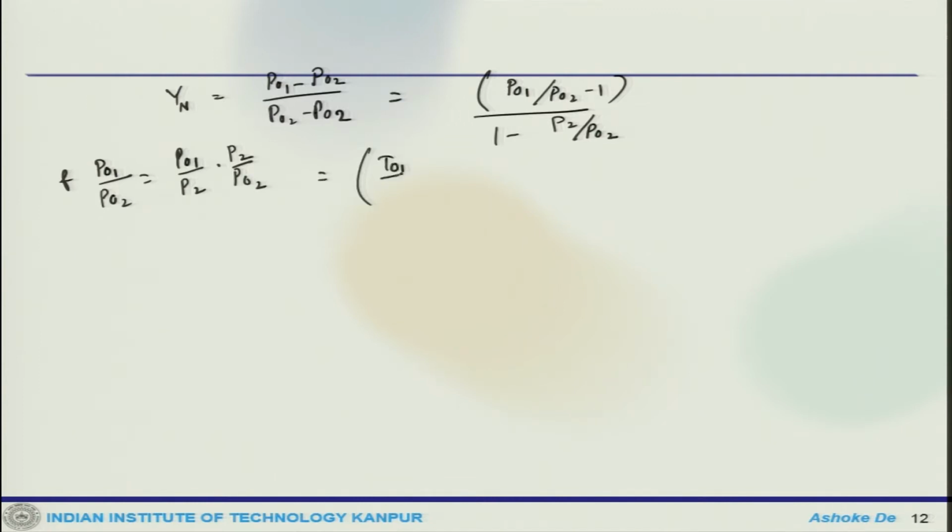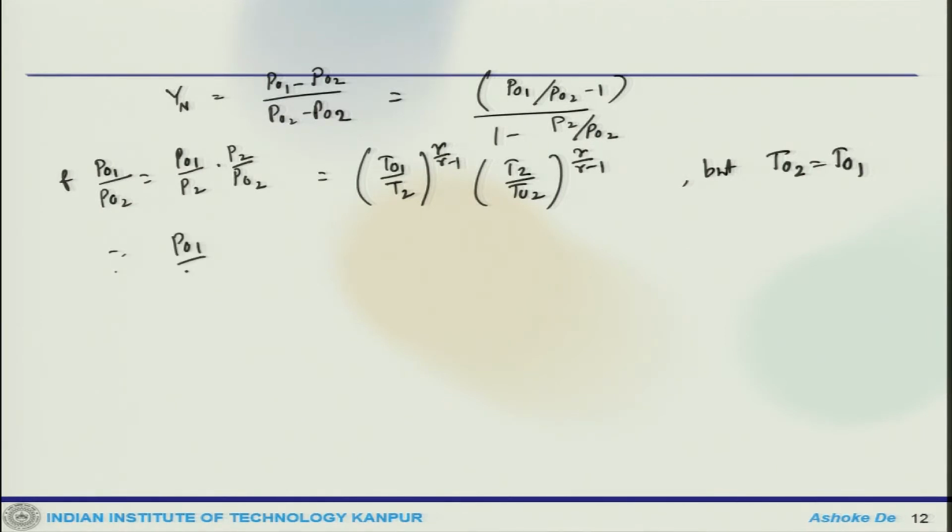So, that is T naught 1 by T 2 to the power gamma by gamma minus 1, and T 2 by T naught 2 to the power gamma by gamma minus 1. But T naught 2 is T naught 1, since P naught 1 and P naught 2 are related, T 2 by T 2 prime to the power gamma by gamma minus 1.